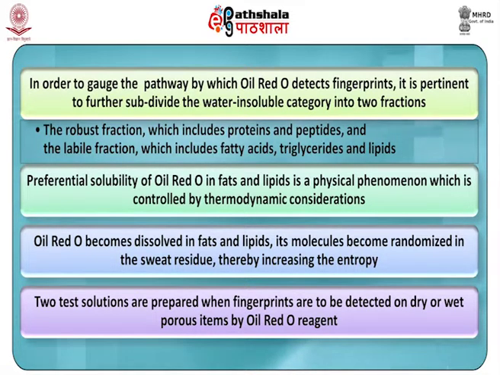Number one, the robust fraction, which includes proteins and peptides, and the labile fraction, which includes fatty acids, triglycerides, and lipids. The preferential solubility of oil red O in fats and lipids is a physical phenomenon which is controlled by thermodynamic consideration.